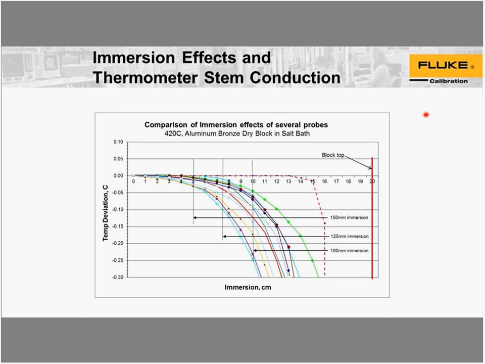And the thermometer is going to be dependent upon the ability of the heat to come from the block into the thermometer. If this were a thermometer sitting here at the bottom, we've got the top of a block here, and heat is coming out the top of there.